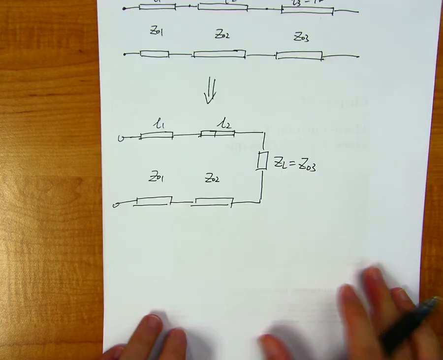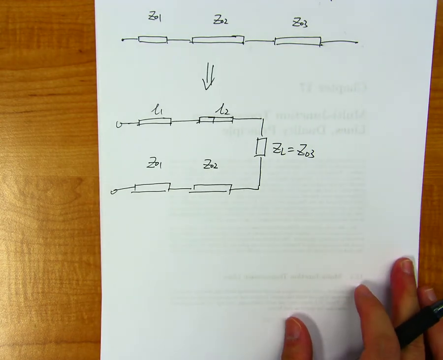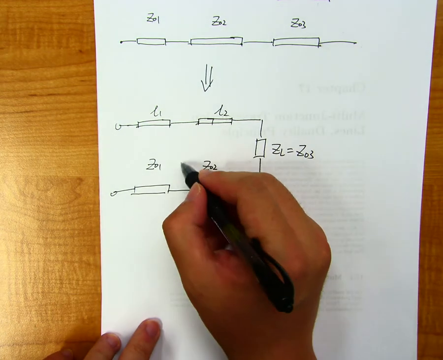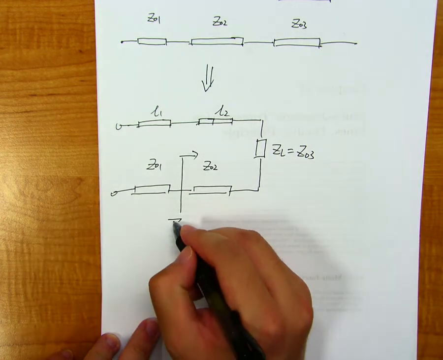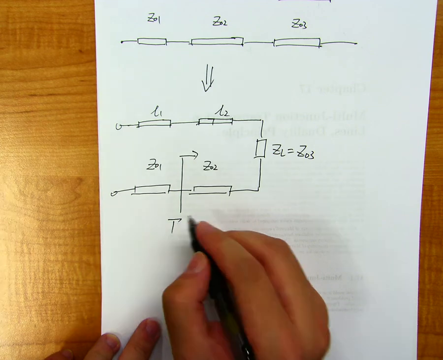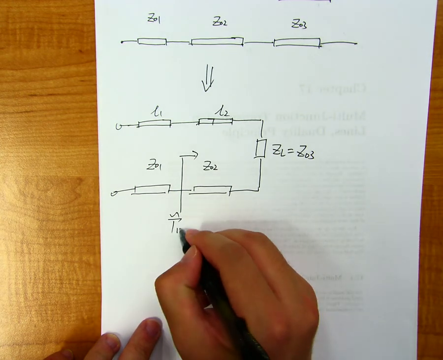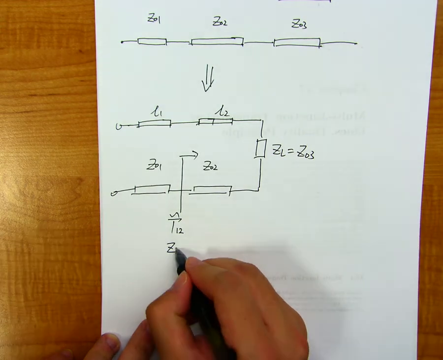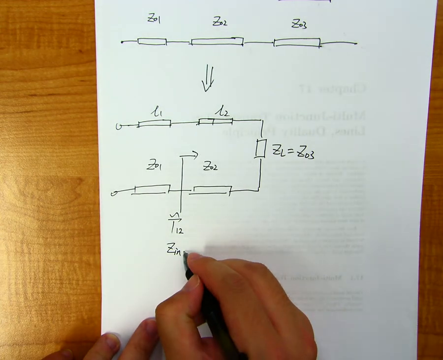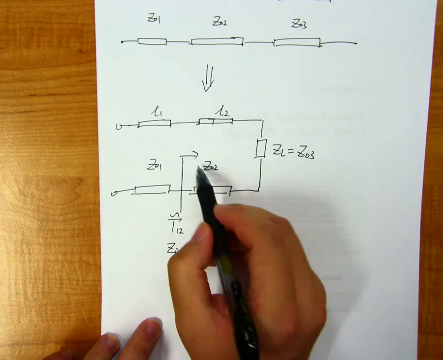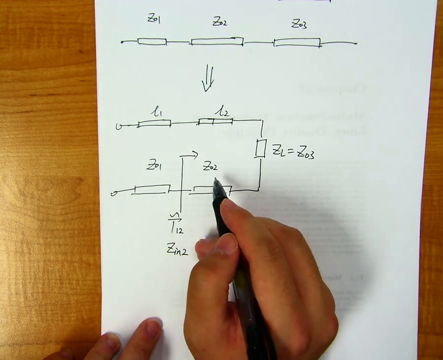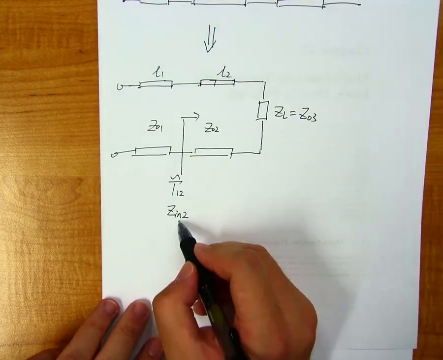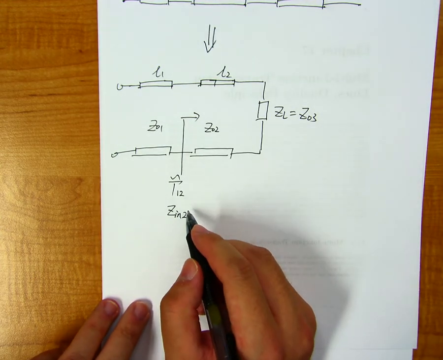Okay, they are equivalent. So now we have this new equivalent circuit, and we can define the reflection coefficient here to be gamma 2 tilde, and the input impedance to be Z in 2, because we are looking into the second transmission line. Okay, so how do we find Z in 2 and gamma 2 tilde?